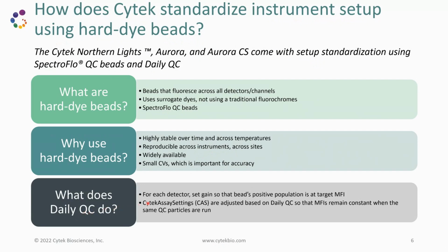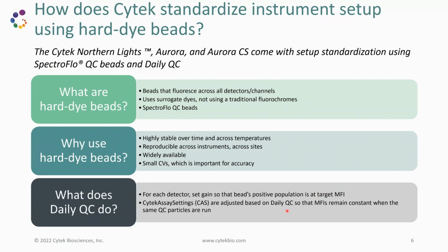When you run QC, for every detector there is an algorithm in the back when you run those bits that is making sure that the gains for each detector are set so that the bits are put at the target MFI, and we're going to discuss in a bit how we came up with those target MFIs. These target MFIs are known as Cytek settings, and every day the gains are adjusted to make sure that our QC bits hit those targets.